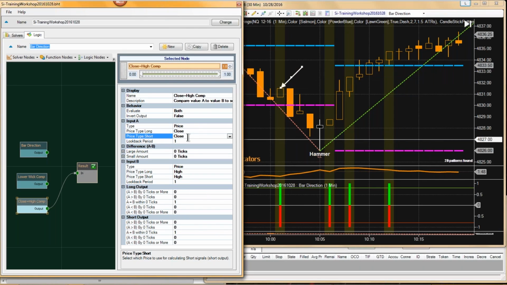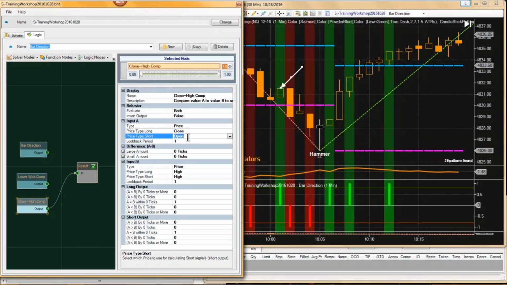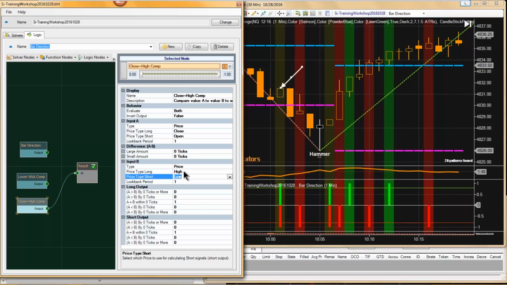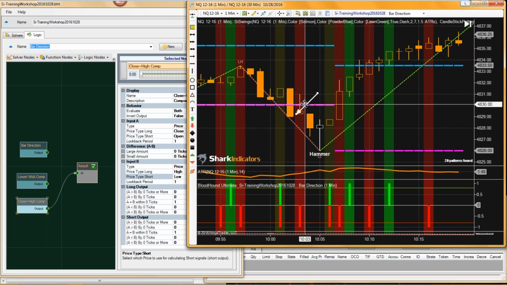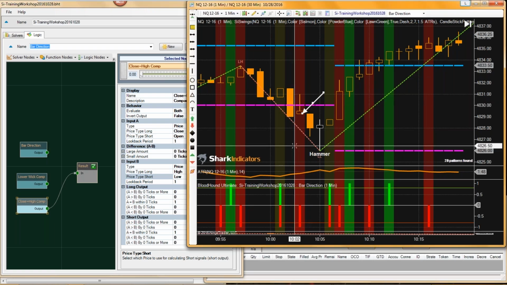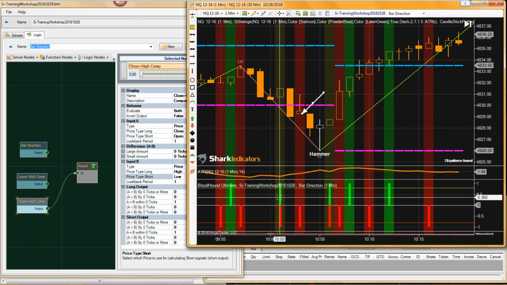Here, I'm just going to make a guess and change this. Okay, yeah, this is kind of interesting. If we look at this bar, the close of that bar equals the high, and the open of the bar equals the low, so we're getting a long and a short output at the same time.